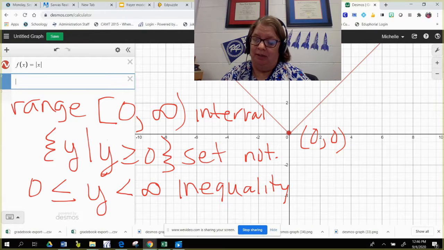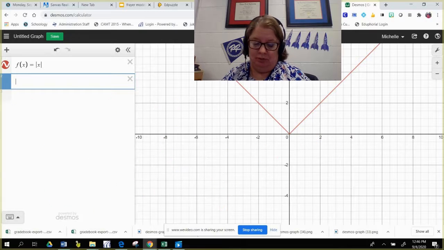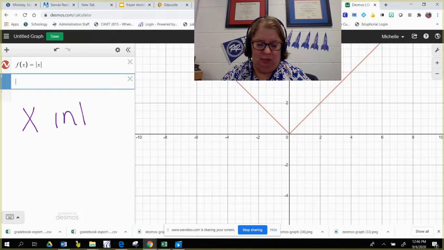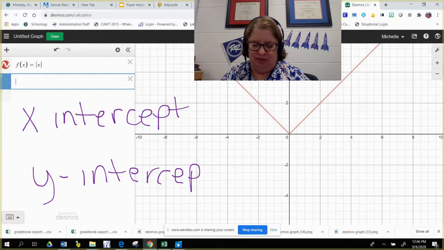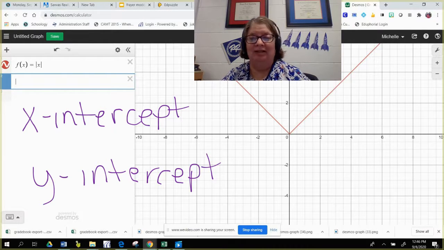We can talk about x-intercept and y-intercept. Remember that the x-intercept is where the graph intersects the x-axis, and the y-intercept is where the graph intersects the y-axis.